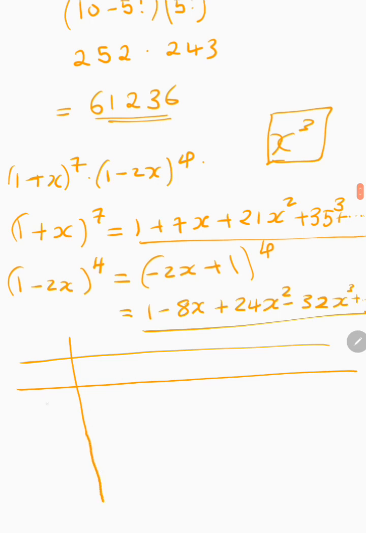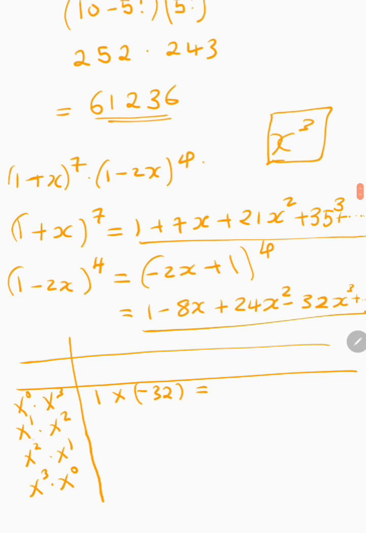The terms that are going to give you x cubed are x^0 with x^3, x^1 with x^2, x^2 with x^1, and x^3 with x^0 in the first and second expansions. So x^0 in the first is 1, so it's 1 times the coefficient of x^3 in the second one, which is negative 32.